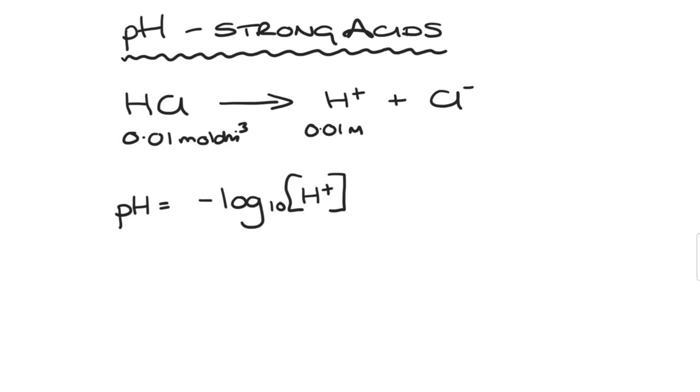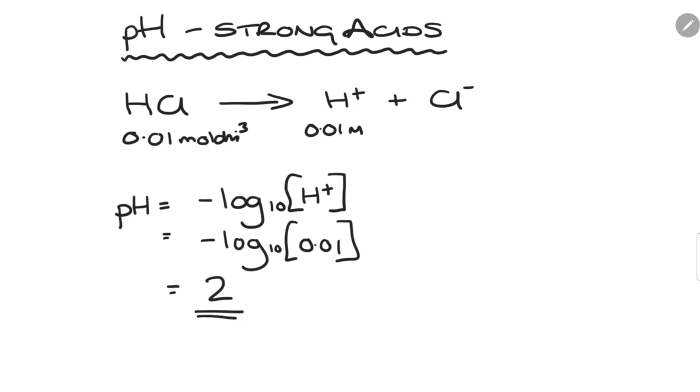So using a calculator, if you were to input the value of 0.01 and then take the log of that value, you will get a calculated value of -2, which if you then change the sign of by the minus sign there, would then change the pH of that solution to +2.